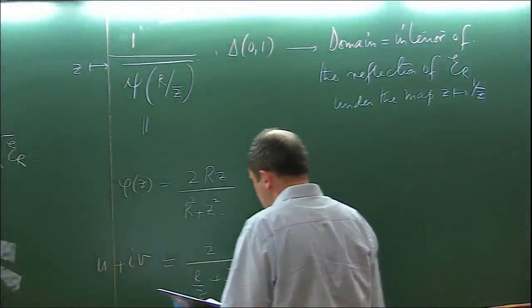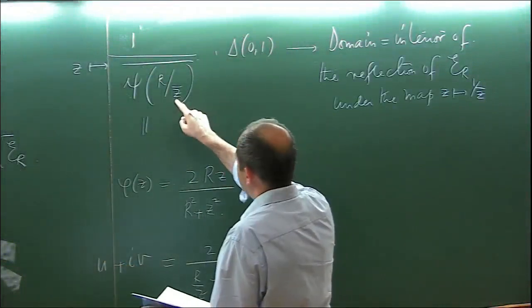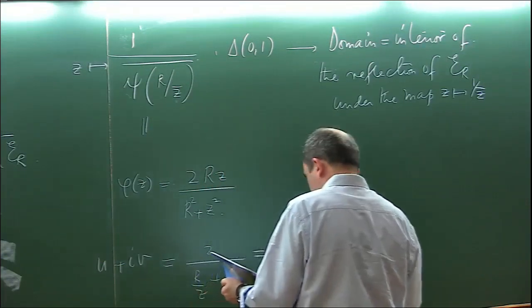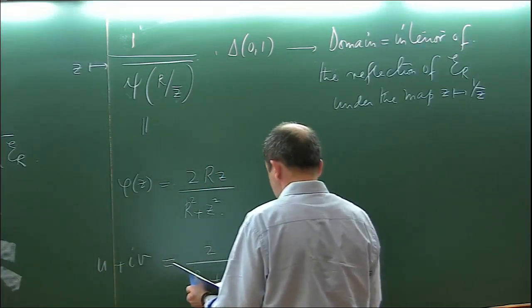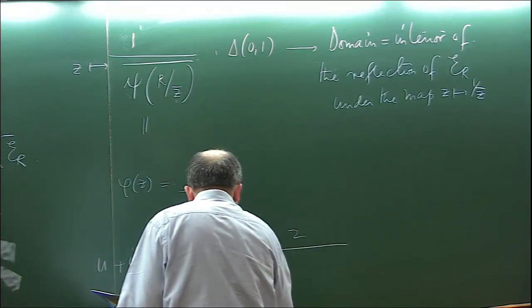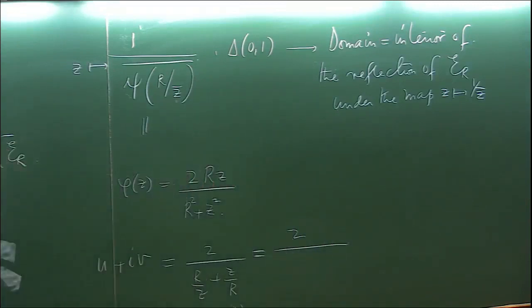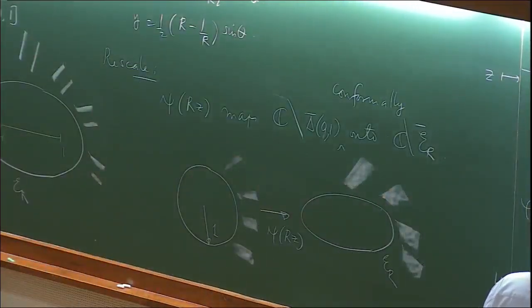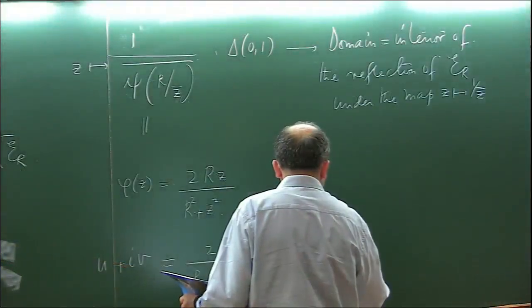Right. So z here is of modulus 1. So this is 2 divided by, so write z as e to the i theta, because we're taking the image of the unit circle here. So this is r e to the minus i theta plus 1 by r e to the i theta.